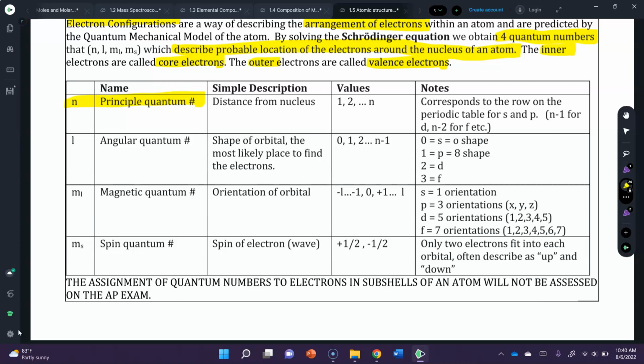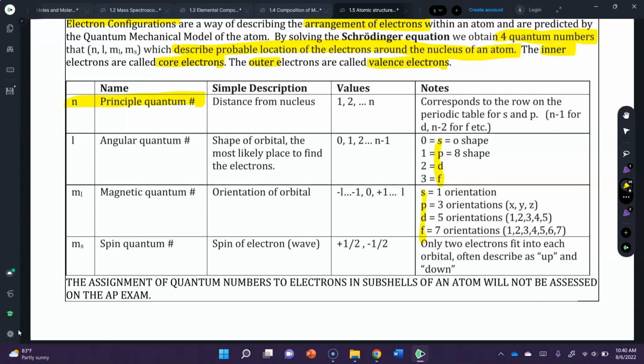So that one is one of the most important ones. The others are good to understand, but we're going to focus more on the qualitative application, like the SPDF, but not necessarily what the numbers are.